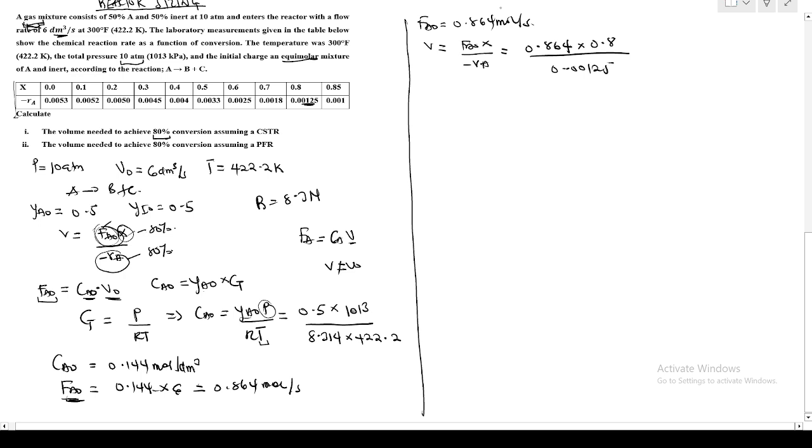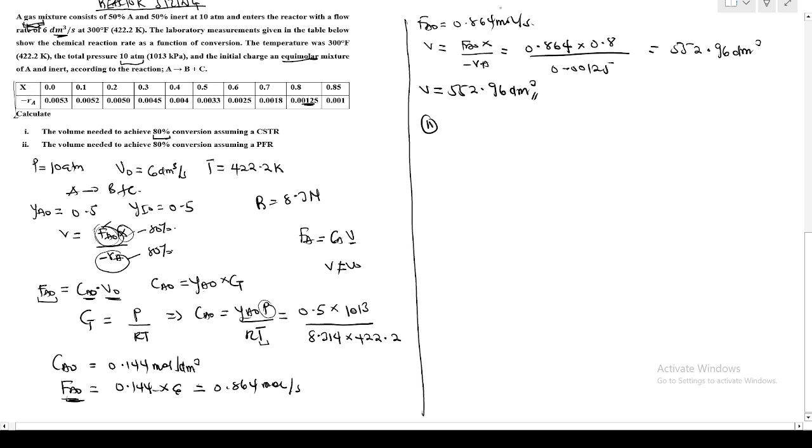And then we can find our volume to be 0.864 times 0.8, all divided by 0.00125. So then we get 552.96 dm cube. Now this becomes the volume of the CSTR needed to achieve the 80% conversion.